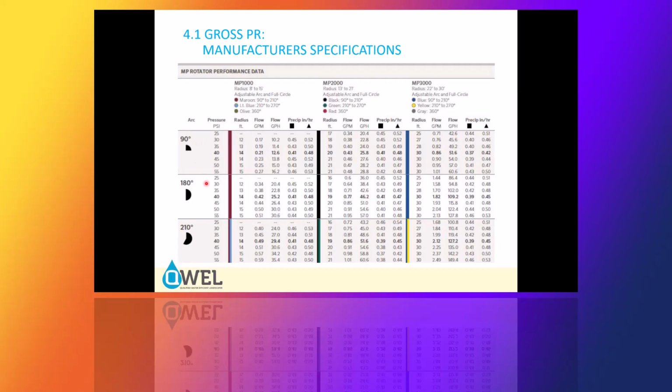So here's your water pressure, here's your arc, and the radius of throw is here. Manufacturers typically publish the precipitation rate for sprinklers laid out in a square pattern and in a triangular pattern. The actual precipitation rate will vary due to factors such as differences in how the system is laid out, changes in system pressure, overspray, and wind drift.